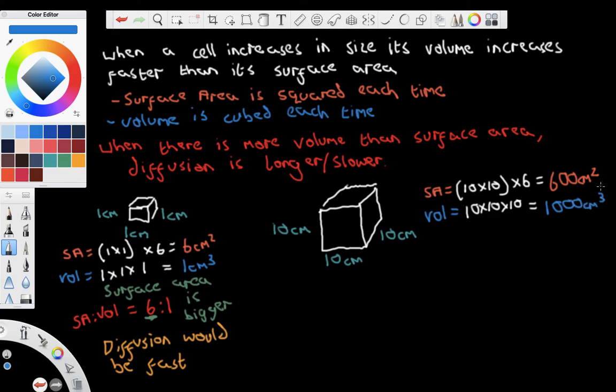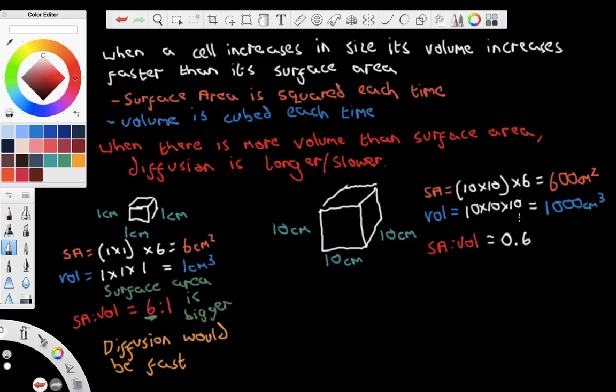If we do our surface area to volume, if you did 600 divided by 1,000, you will get 0.6.